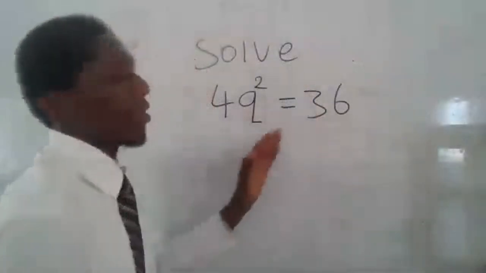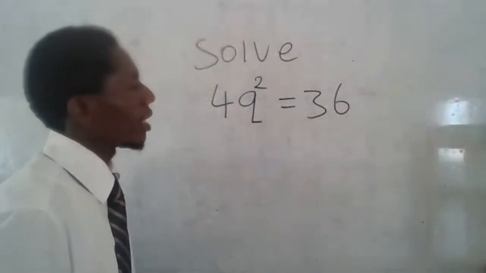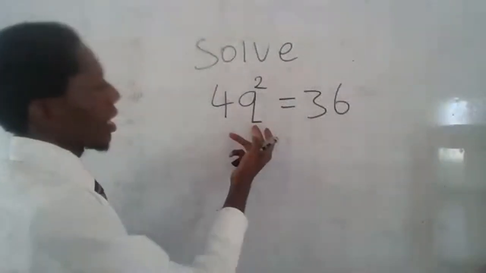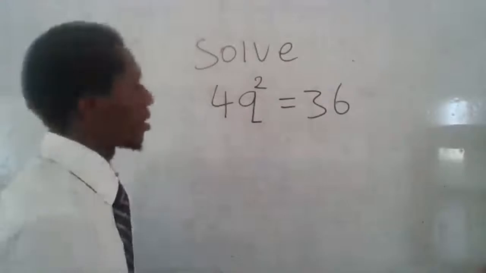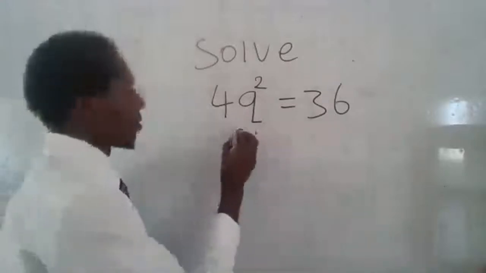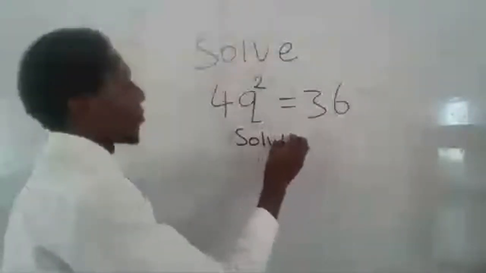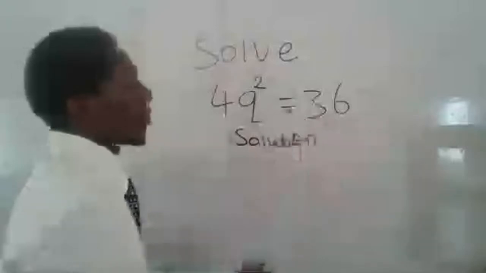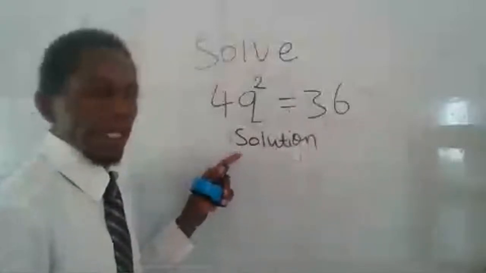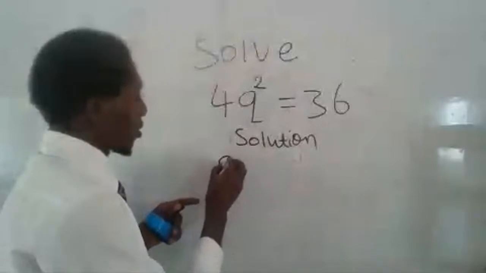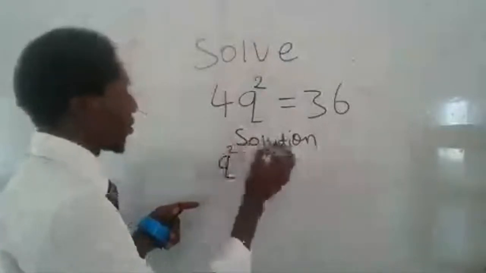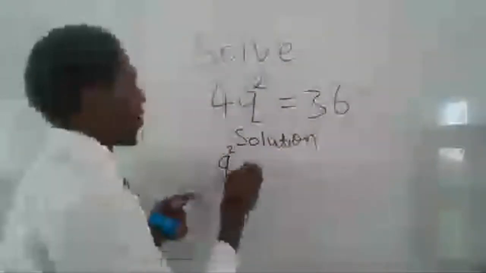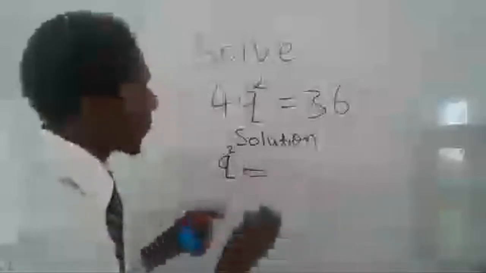So now let's say we are going to take out the q squared. All right, so when I take q to my left, I am going to have 36.